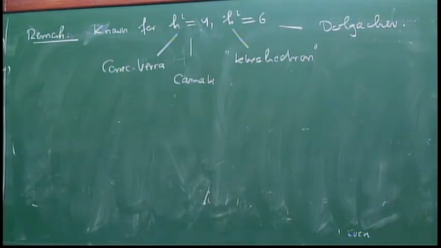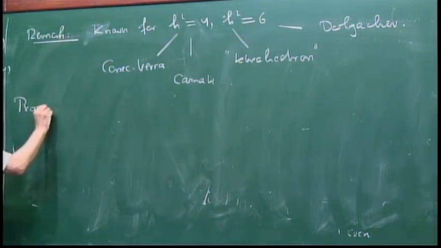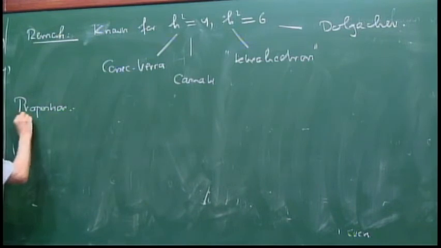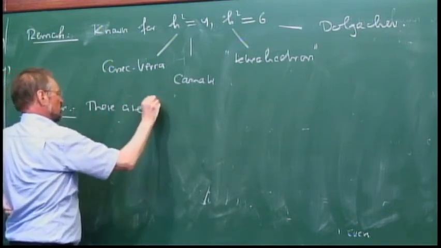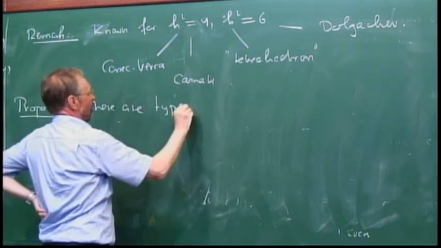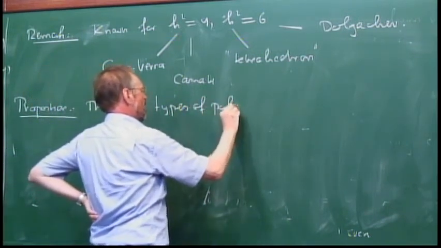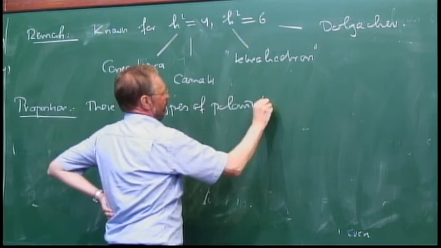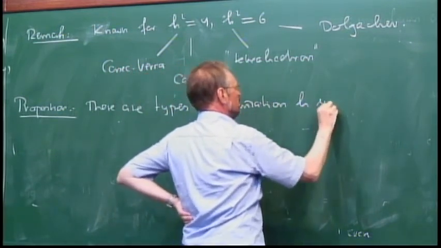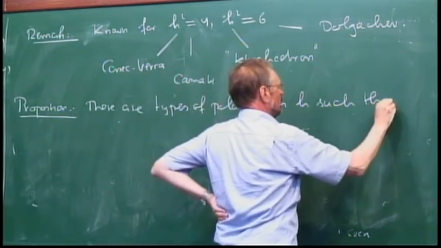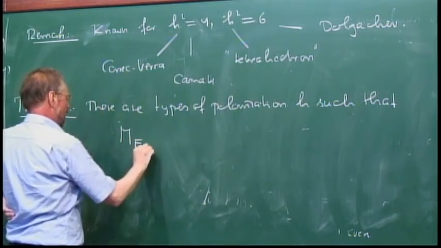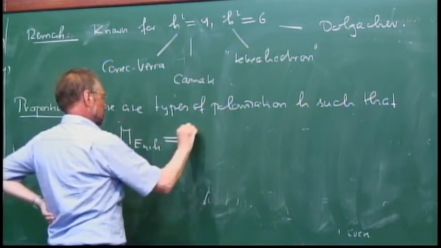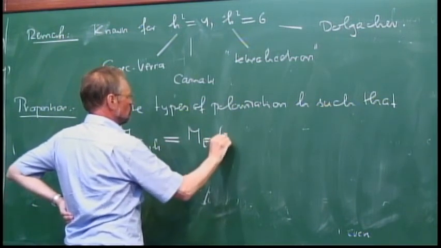Let me state another result. Proposition. There are types of polarization H such that my MNH becomes MEN2.